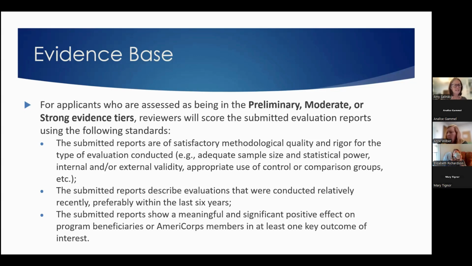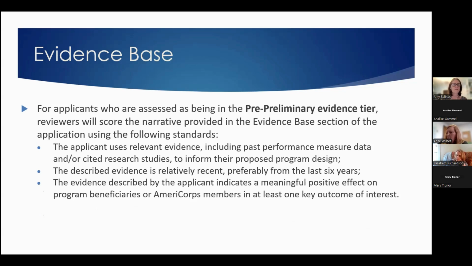They're going to assess the quality of what you submitted. If you're at the pre-preliminary level, they're going to assess the quality of the information you presented also, whether it's the data you shared or the research studies, and hopefully look to see that it was within the last 6 years, and if it aligns with something you propose in your logic model in terms of an outcome of interest.